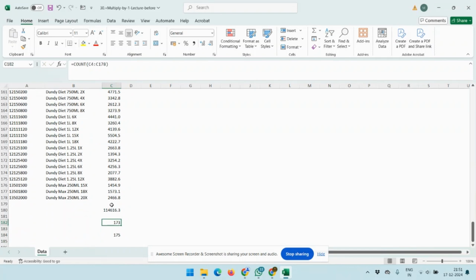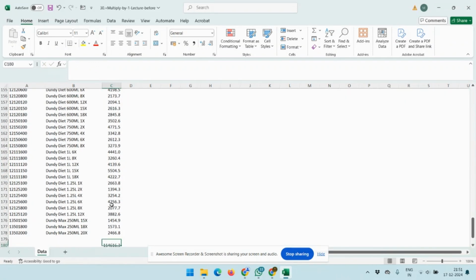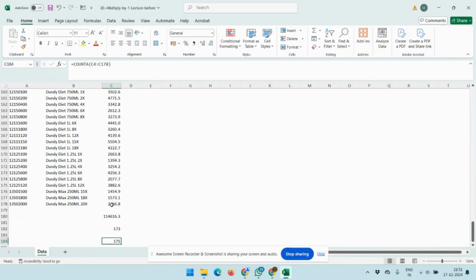That means the numerical values are 173, and the whole number of cells in this column is 175. So that means in that column we have two text values.